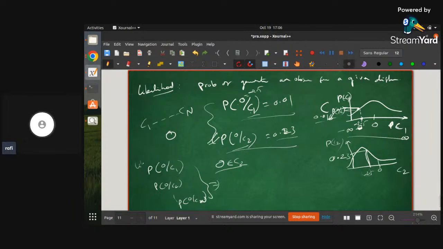This is the likelihood with respect to C1. This is the likelihood with respect to the C2 distribution. This is the likelihood with respect to the Cn distribution. Out of these n likelihoods, whichever gives the maximum, we say that O belongs to that distribution. Okay, the more probably O is generated from the distribution, the better. So we'll take the maximum likelihood.